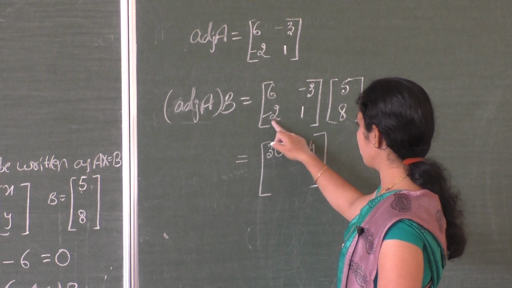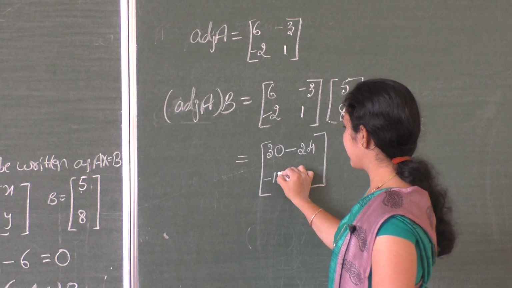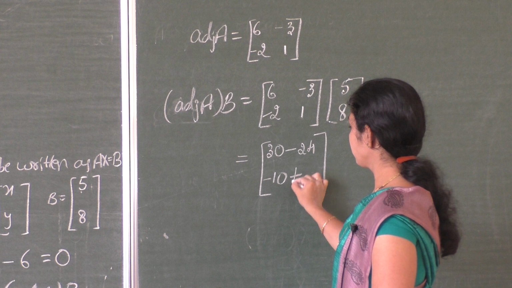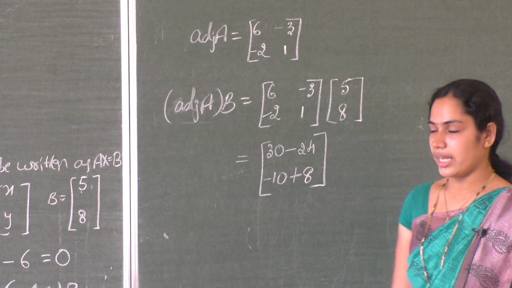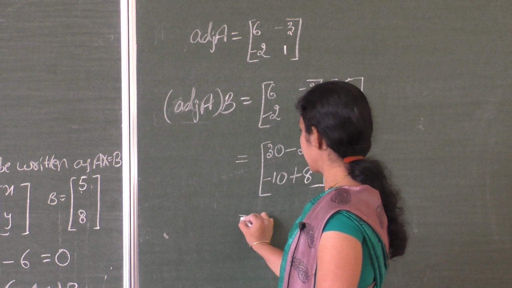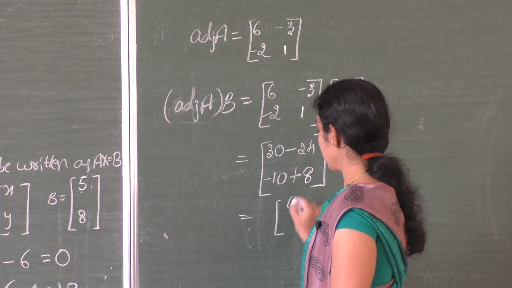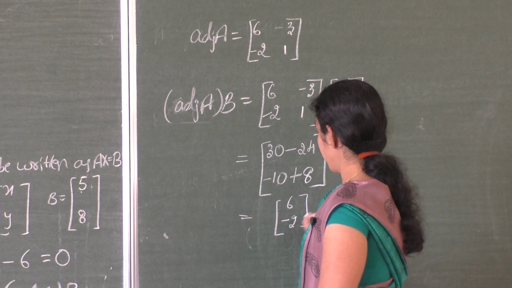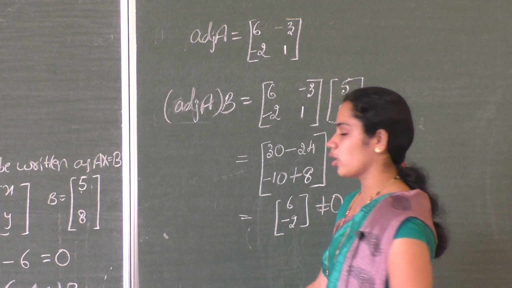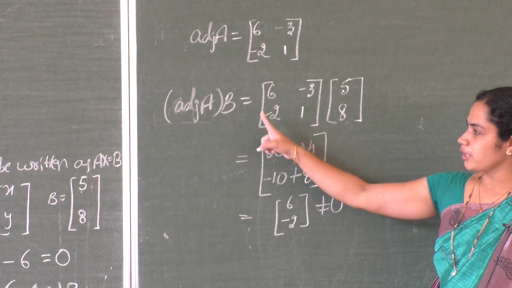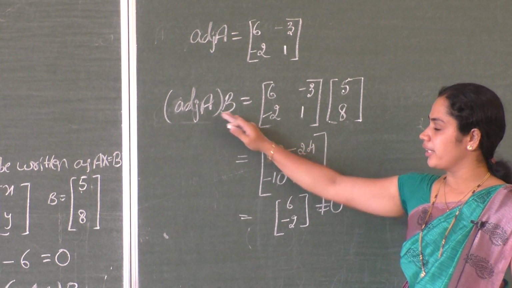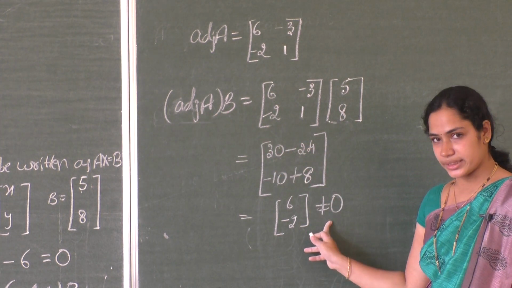Second row, second column: minus 10 plus 8. This is equal to 6 here, and minus 2. We can say this is not 0. Adjoint of A into B is not 0.